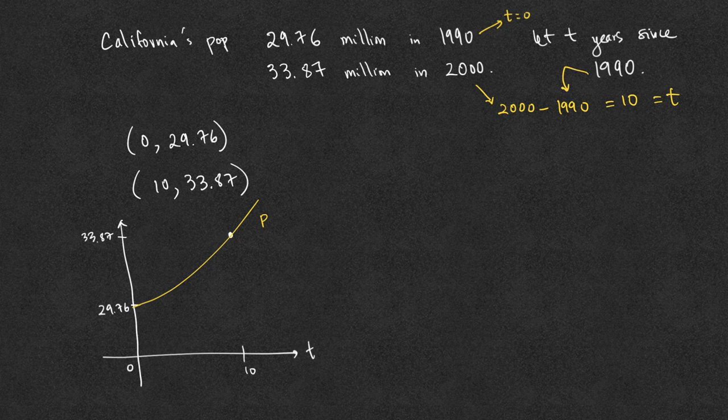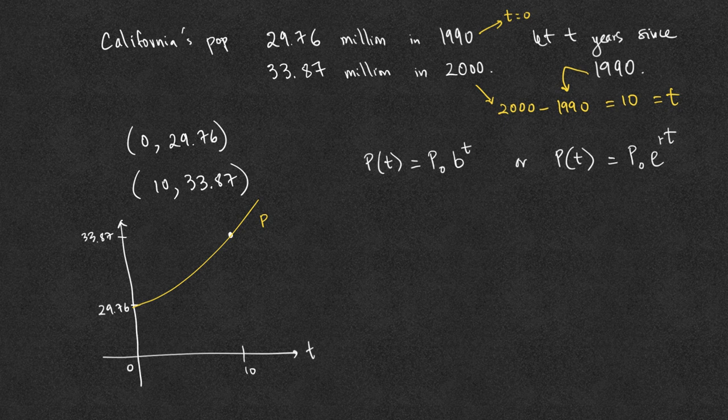We start out with a generic population model where P of t equals the initial population times b to the t, which is ab to the t, or P of t equals the initial population times e to the rt.